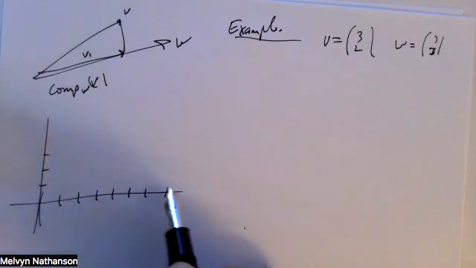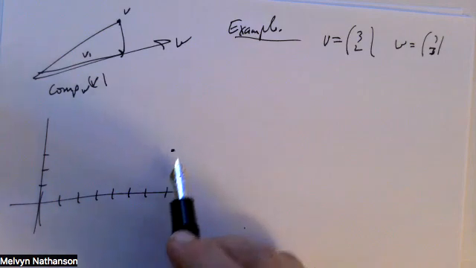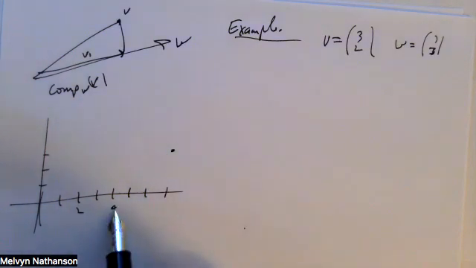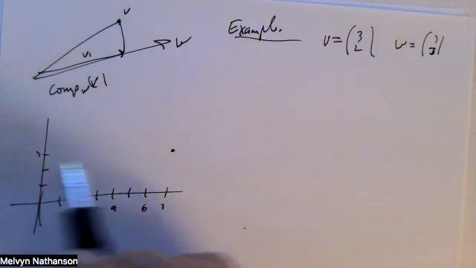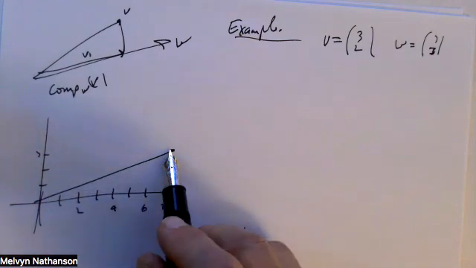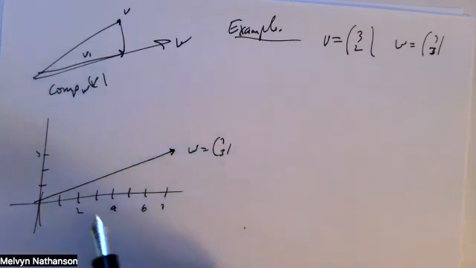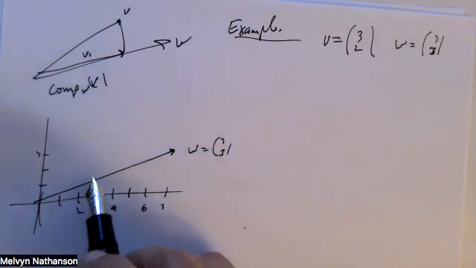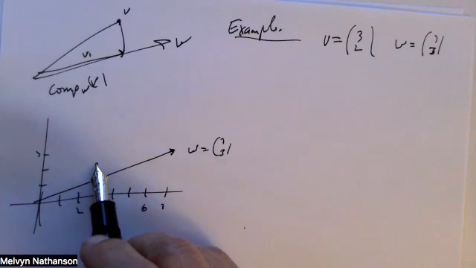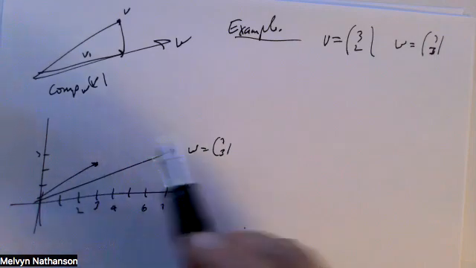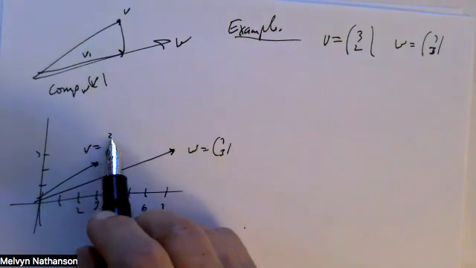So the vector 7, 3 is 2, 4, 6, 7, and this is 3. That's W equal to 7, 3. The vector 3, 2 is there. That's V equal to 3, 2.